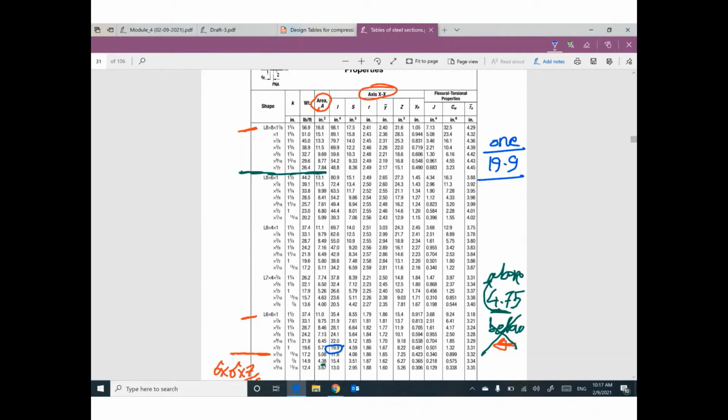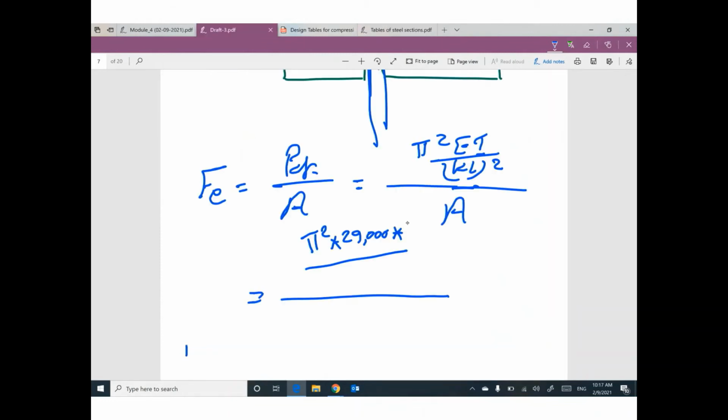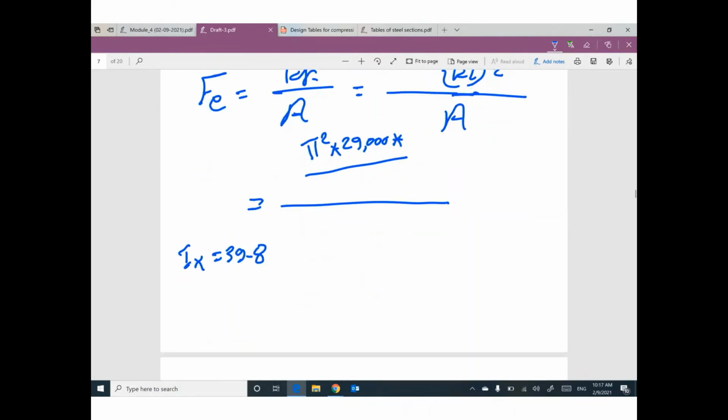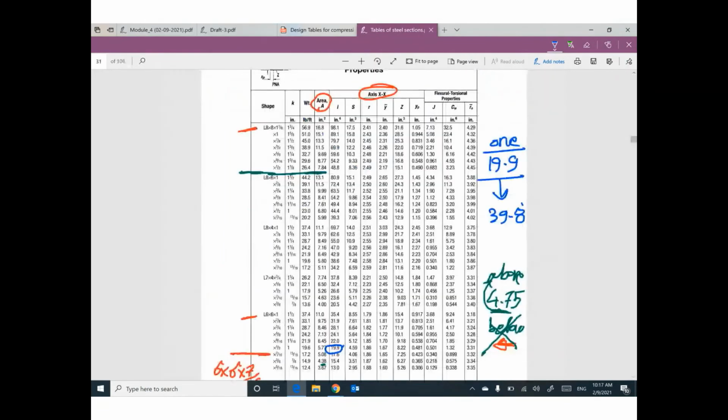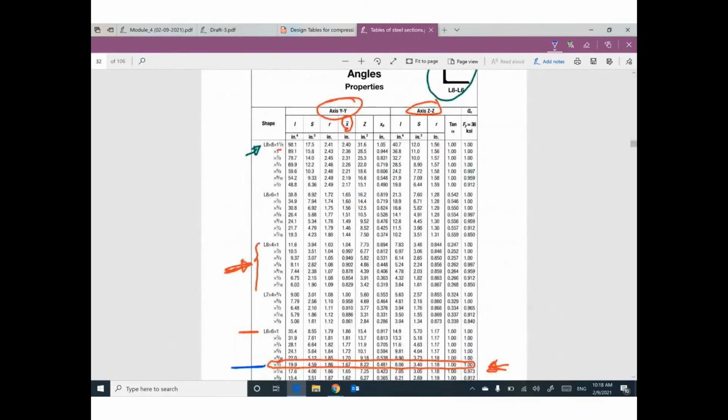So the two angles will be 39.8. So the value of IX is 39.8. IY for one angle is 19.9, the same value as for one angle.